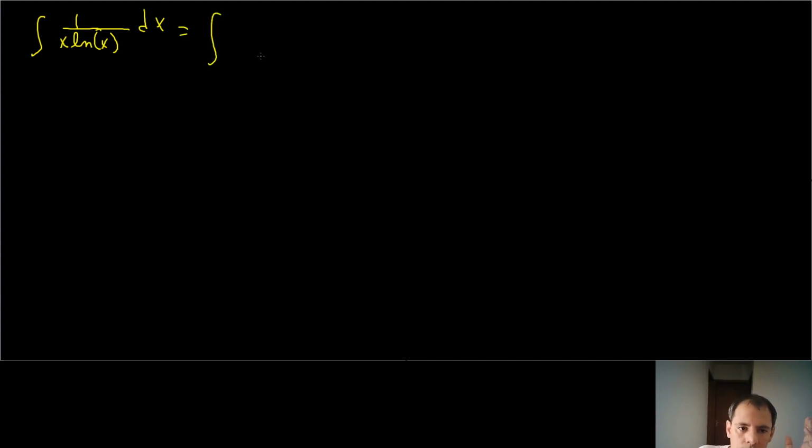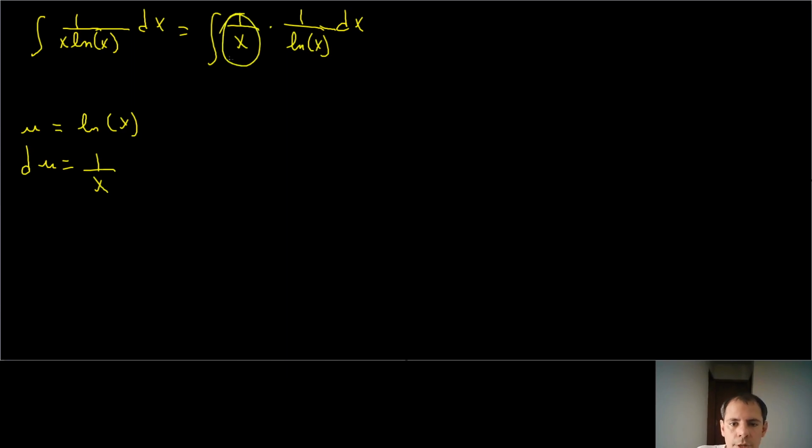This is the integral of 1 over x times 1 divided by ln of x, dx. So here's the thing. If you were going to say that u equals ln of x, what is du? It's 1 divided by x dx.